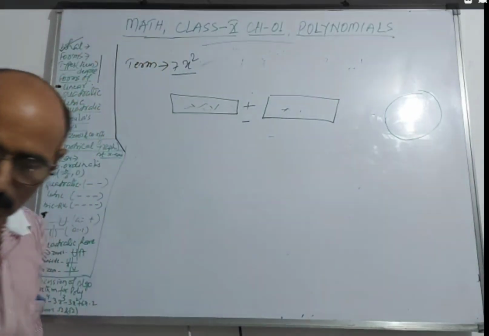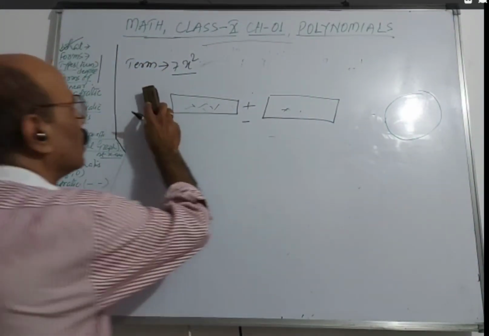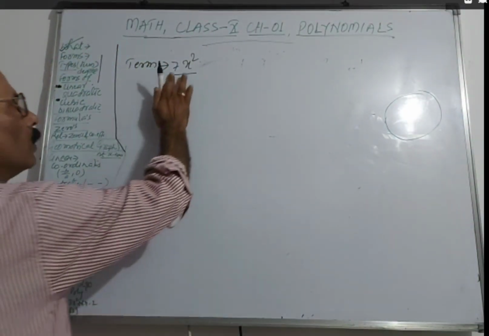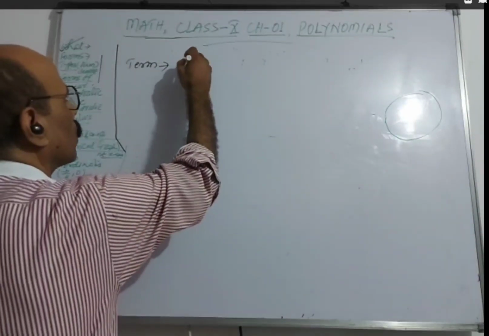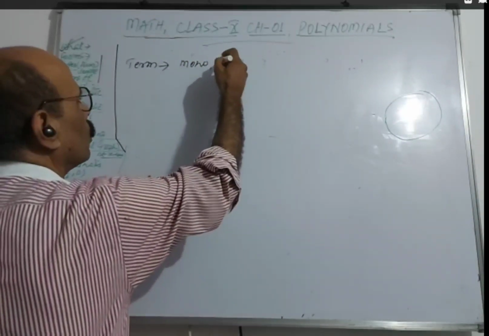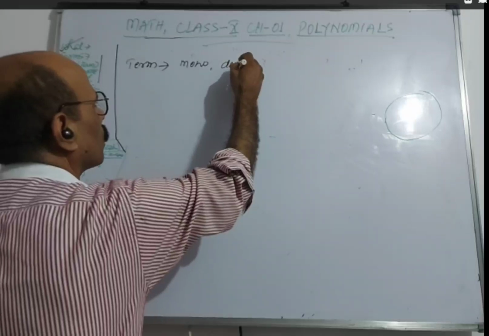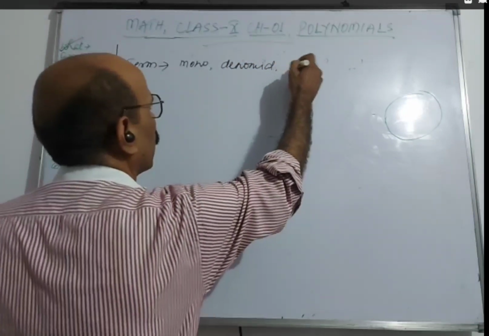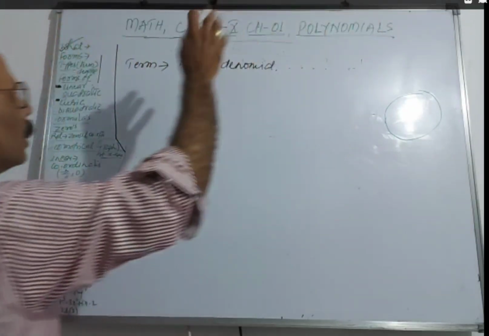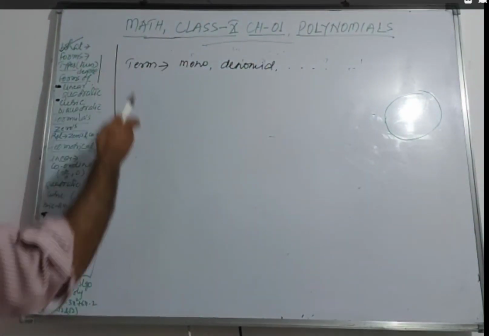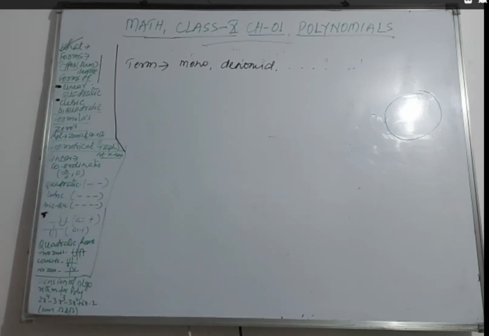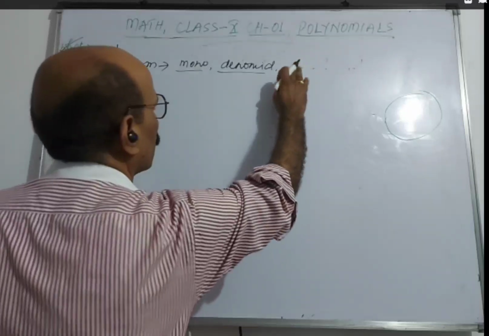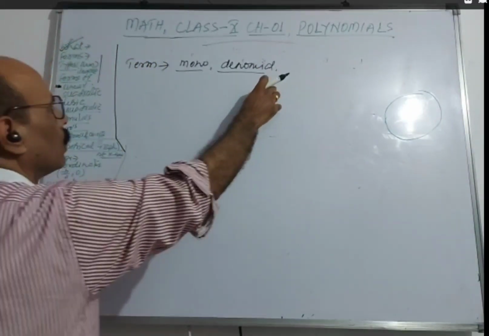That you might know from lower classes. Here, term-wise: if only one term, monomial, then binomial, trinomial, like this. No need to discuss too much for this. This is term basis: monomial, binomial, trinomial.